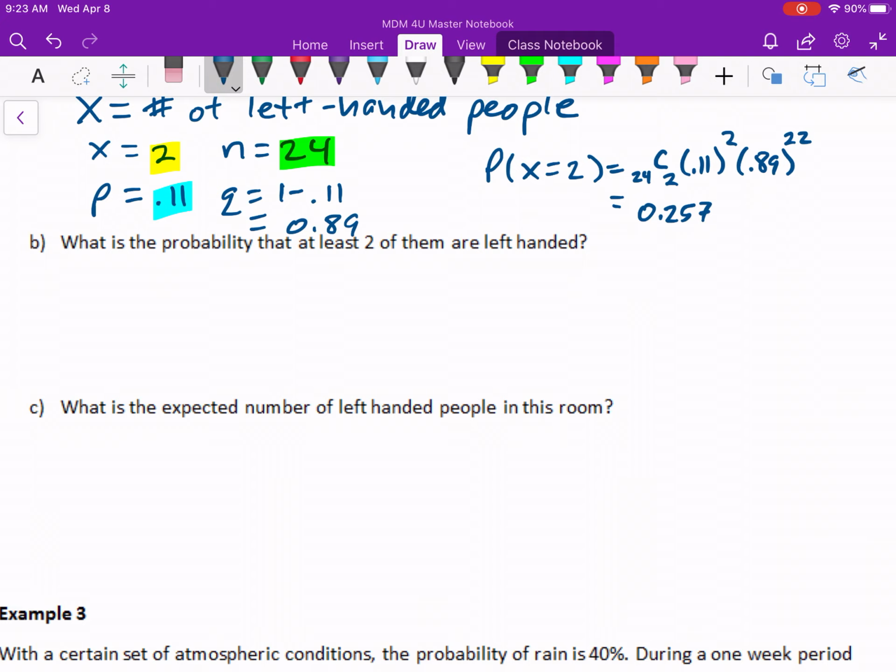What is the probability that at least 2 of them are left-handed? Okay, at least, that important term again. That means that really we're looking for 2, 3, 4, 5, 6, and so on, up to 24 of them being left-handed. We could calculate each one of those directly and add them all together, but that would be a really big task. This is a case where it would be a lot less work to use the indirect method.